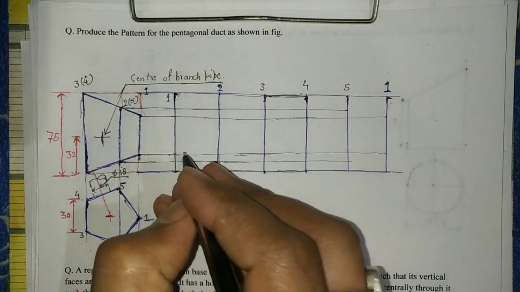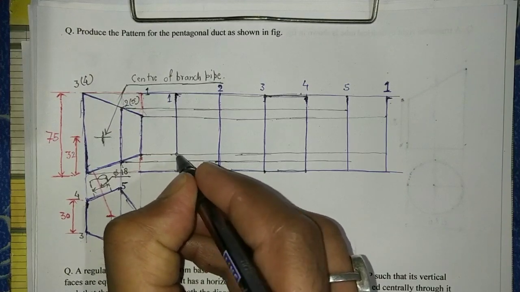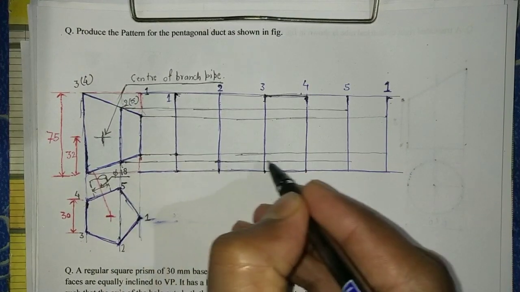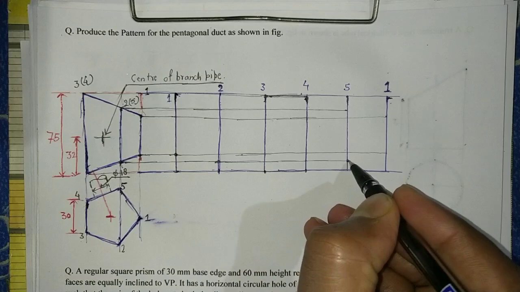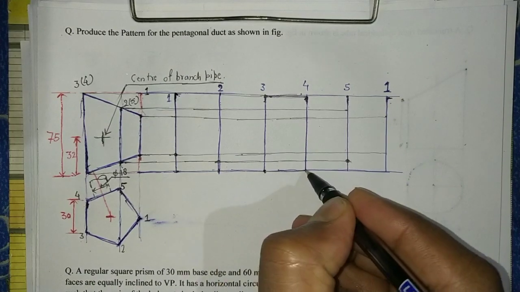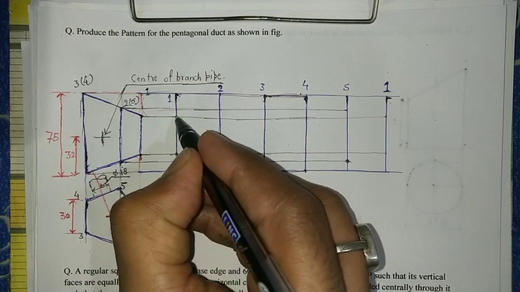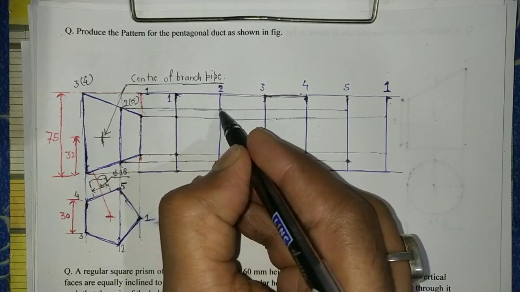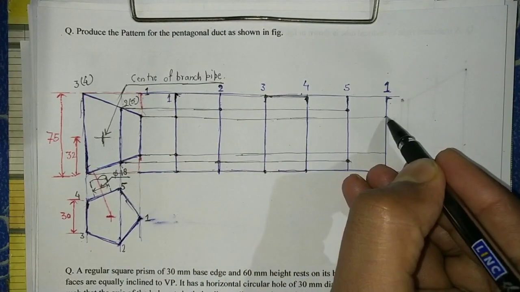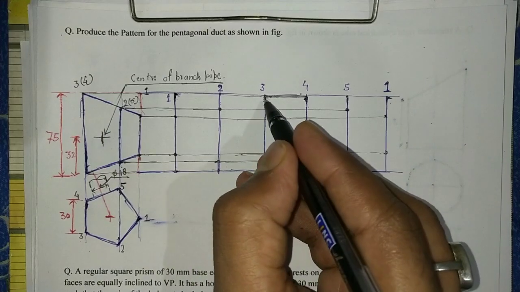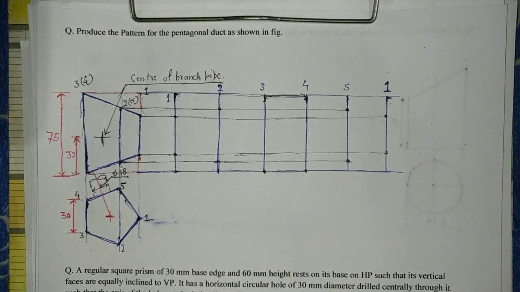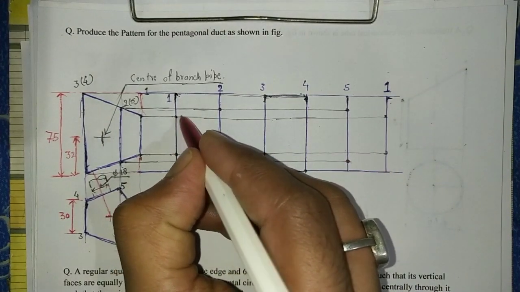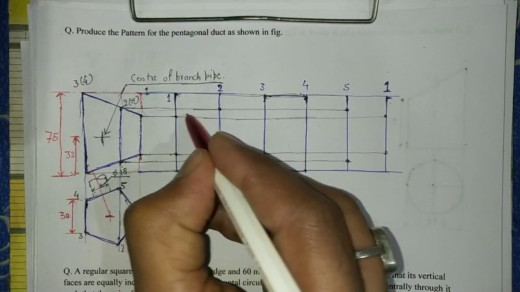So we can find the intersection points. Similarly at the top. Now what we have to do is just join these points.